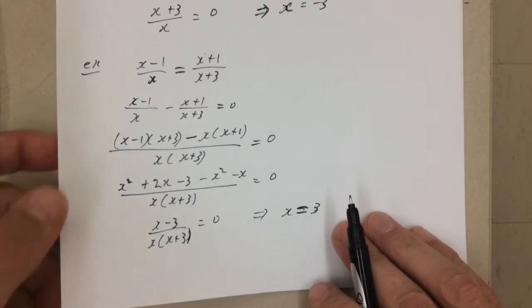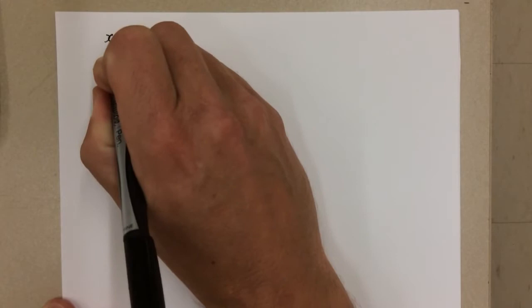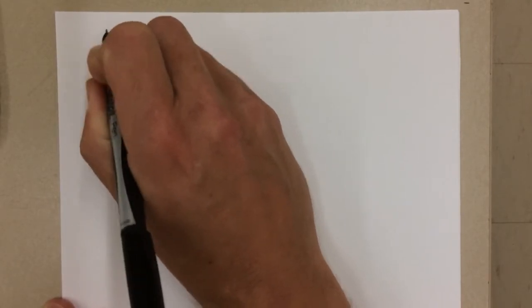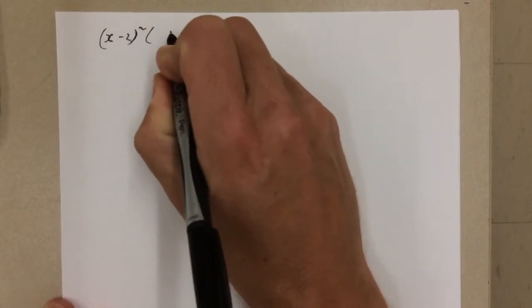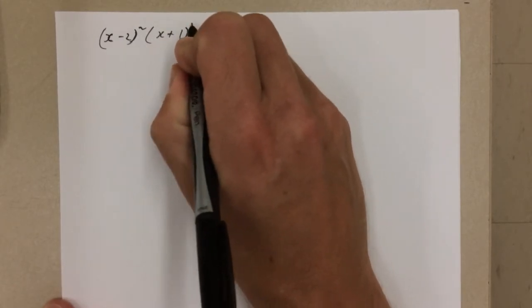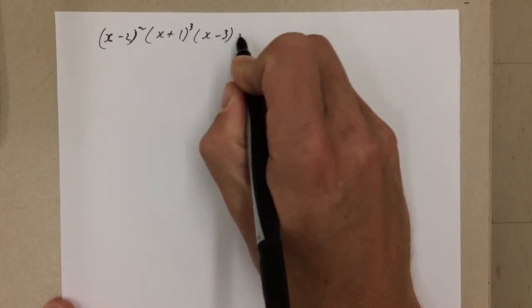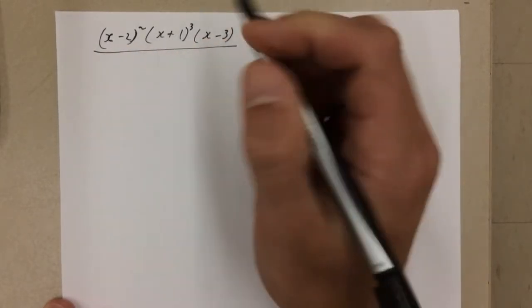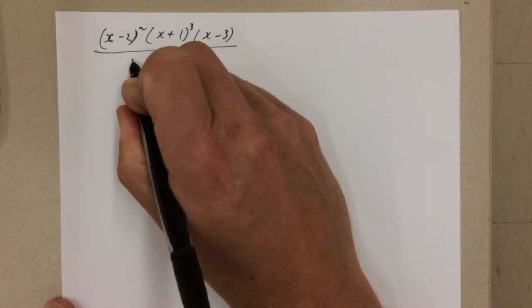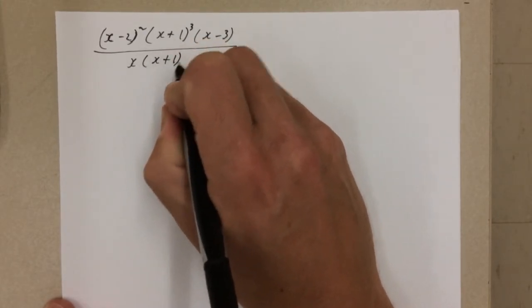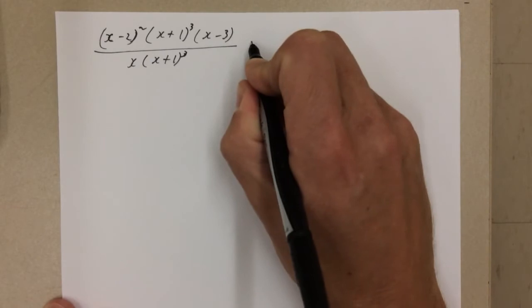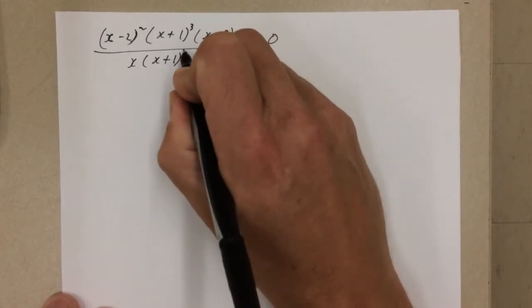Now, what happens if we have something that's already factored, say x minus 2 squared times x plus 1 cubed times x minus 3 all over x times x plus 1 cubed equals 0?